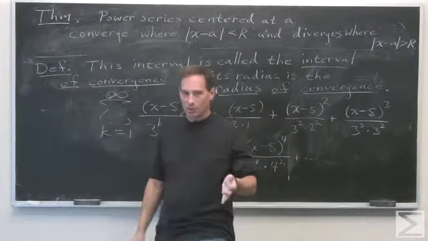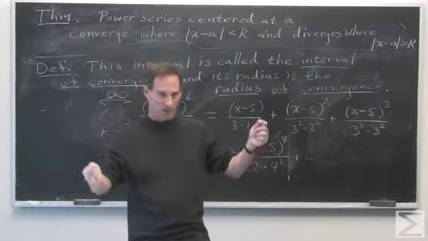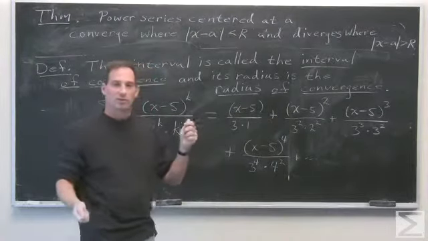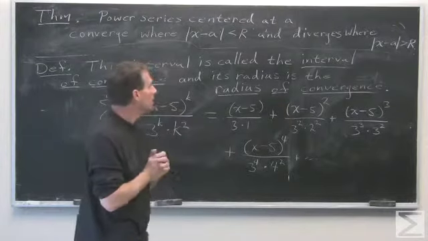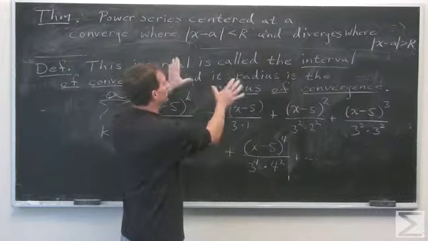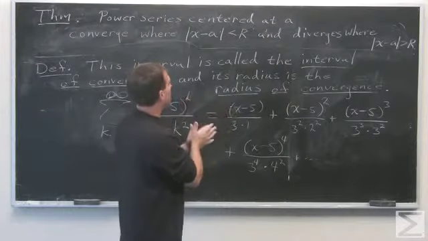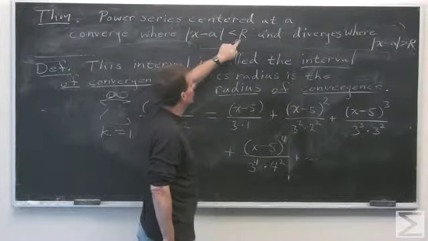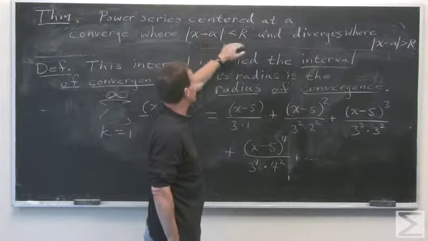Where x minus a equals r, those are the endpoints of the interval of convergence, and power series can converge or diverge there. You don't know, but certainly there's a unique real number r, the radius of convergence, that makes this true, that it converges when this absolute value is strictly less than r.